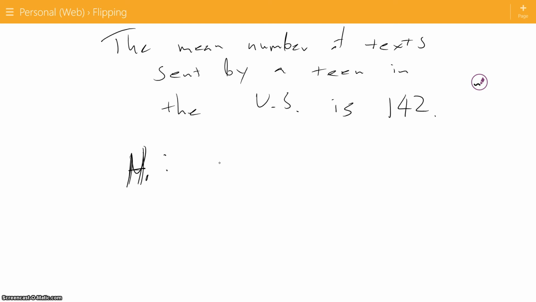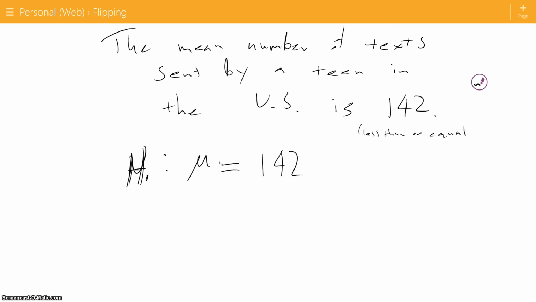My H naught is just that the mean number of texts, and I'm going to just put down a mu for that, is equal to 142. Now it doesn't have to be equal, but I do need to have some sort of equality in there. So I could say it's actually less than or equal.